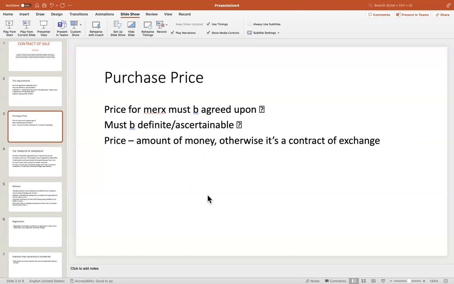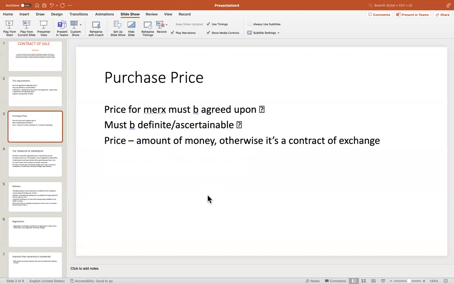Now the purchase price. The price for the merchandise must be agreed upon. So A and B must be able to agree on the price. If I'm selling my iPhone 10 for 300 Rand, I have to communicate with B, tell him, here's my cell phone, I'm selling it for 300 Rand, and we must agree on that particular rate.